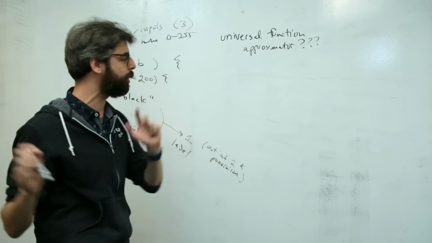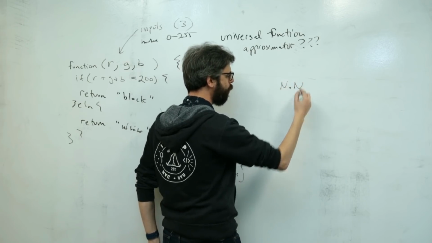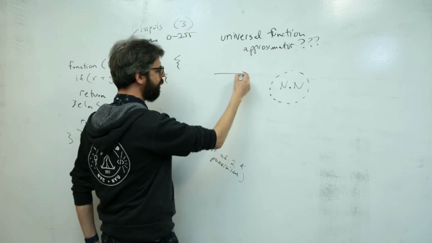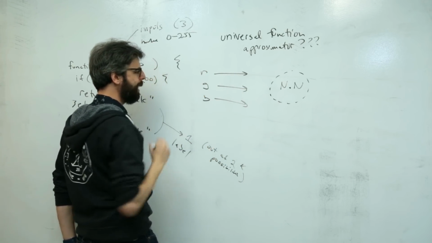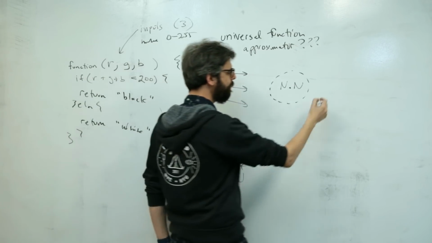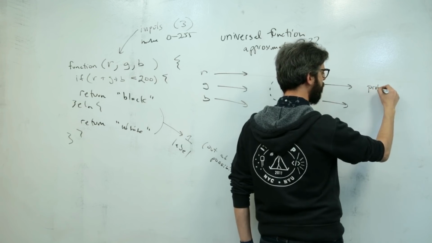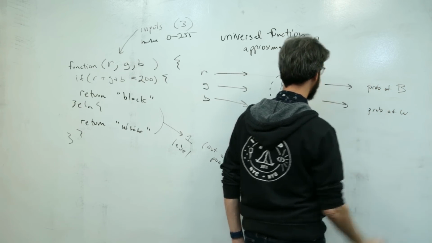But those questions aside, now we can say, well, if I have this quote unquote neural network thing, what if I were to just send 3 inputs into it, R, G, B, and then I want to receive 2 outputs: probability of black, probability of white.